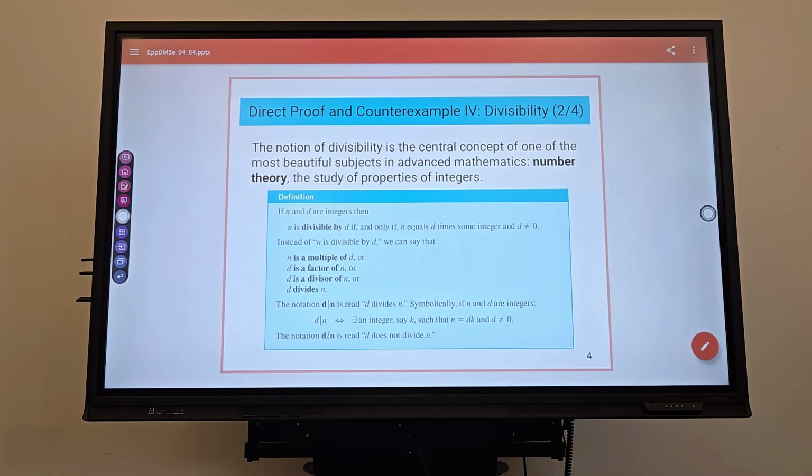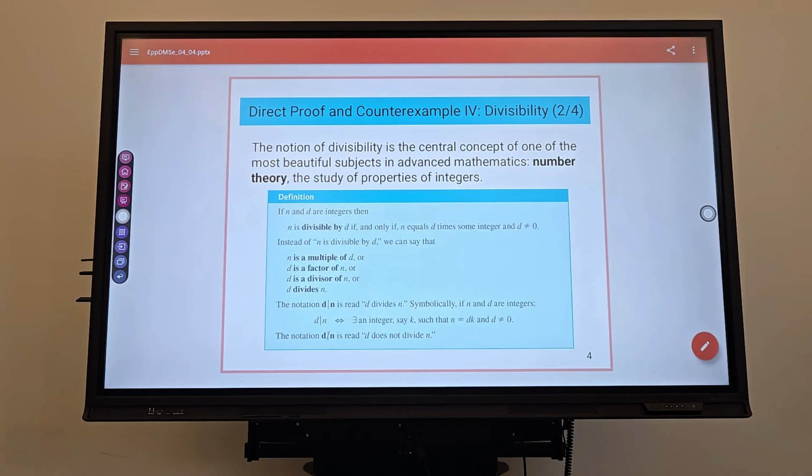If n and d are integers, definition here: n is divisible by d if and only if n equals d times some integer and d does not equal 0. Instead of n is divisible by d, we can also say that n is a multiple of d, d is a factor of n, d is a divisor of n, or d divides n.